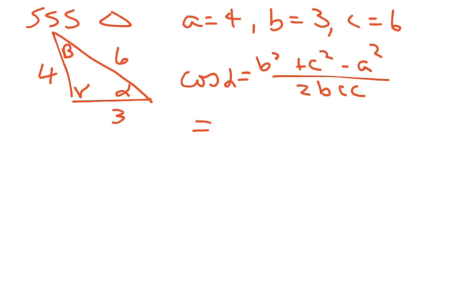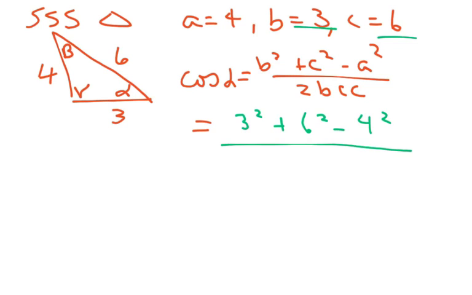B is 3, so we have 3 squared plus 6 squared minus 4 squared over 2bc, which is 2 times 3 times 6, and we get 29 over 36.